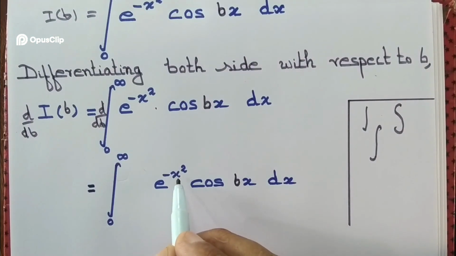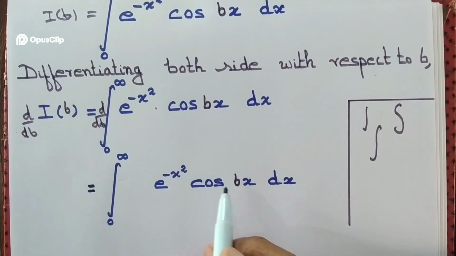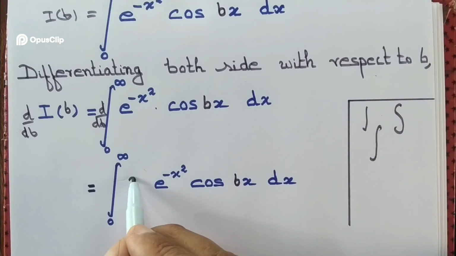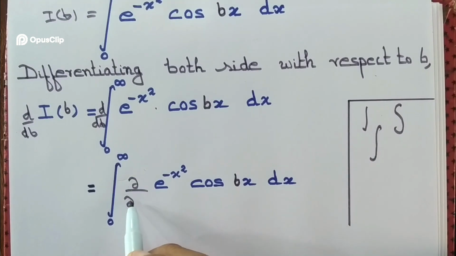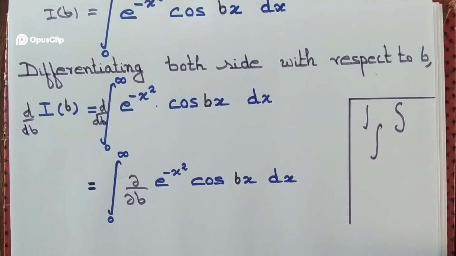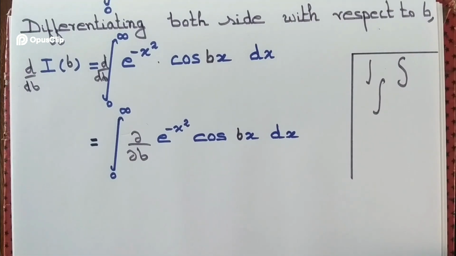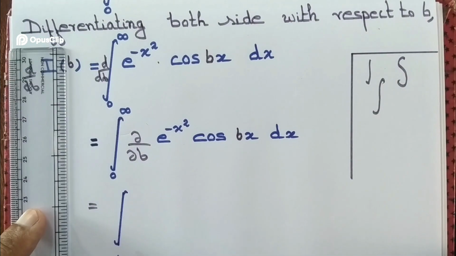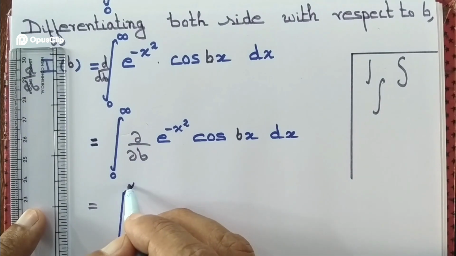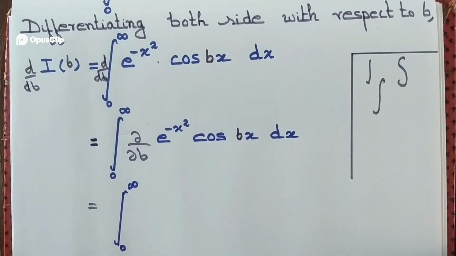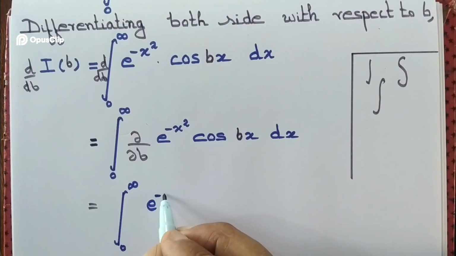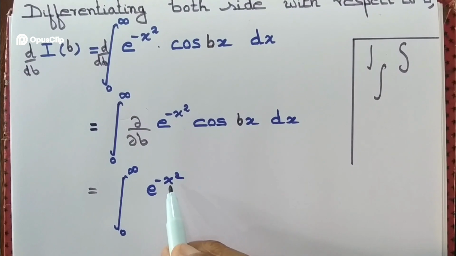But you see that inside the integral we have two variables x and b. So we'll partially differentiate with respect to b. Can we partially differentiate? Of course. When we say partial differentiation with respect to b, then we regard x to be a constant.